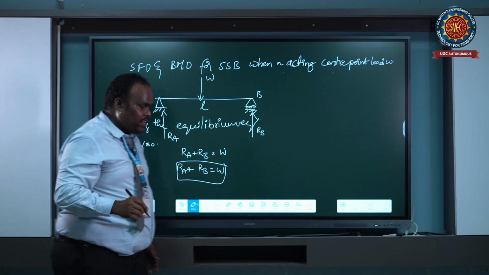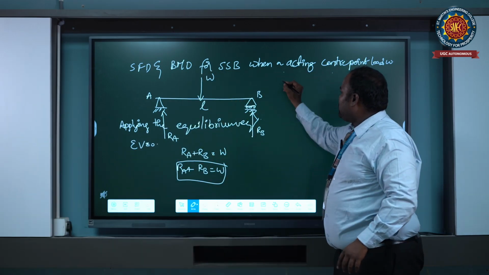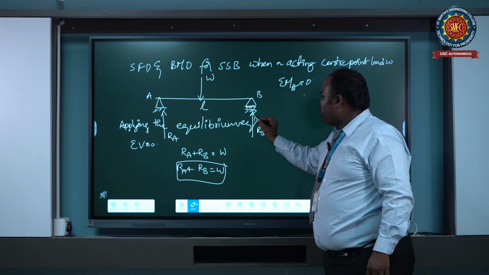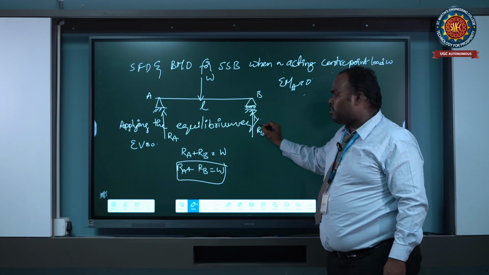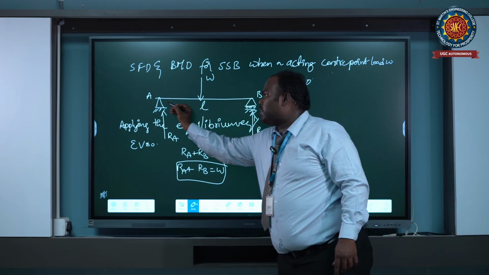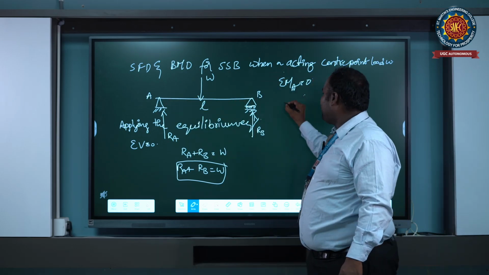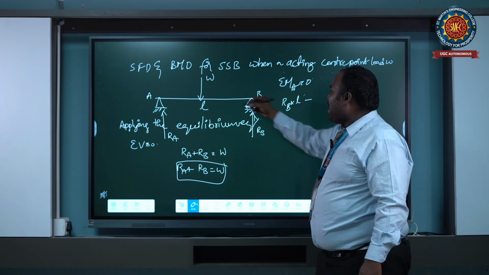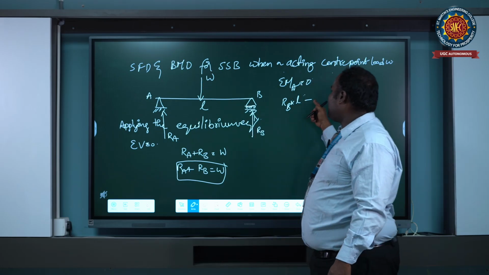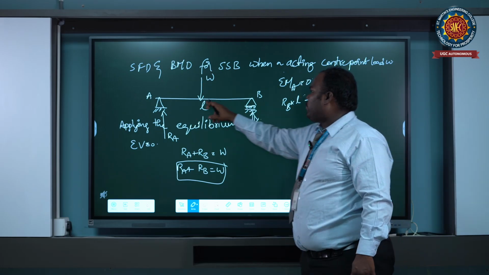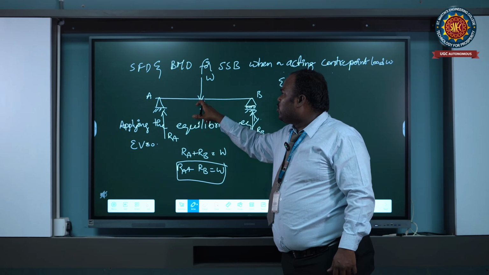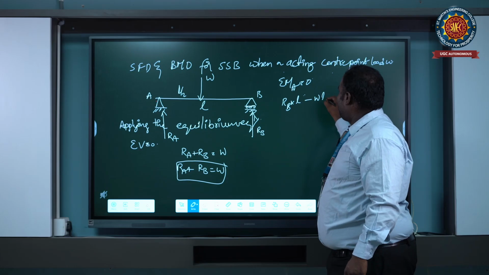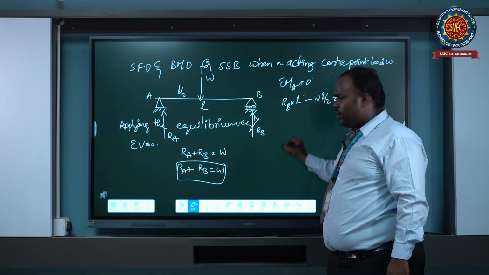Now, taking the moment at point A, sigma MA equal to 0. Now, at B, acting the vertical reaction RB into the perpendicular distance from B to A, which is length L meter, minus the downward load, considered negative, minus W. From the point of the load to A the distance is L by 2, so W into L by 2 equal to 0.